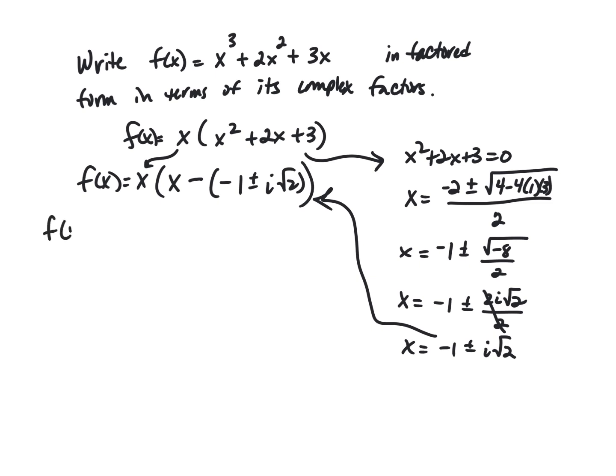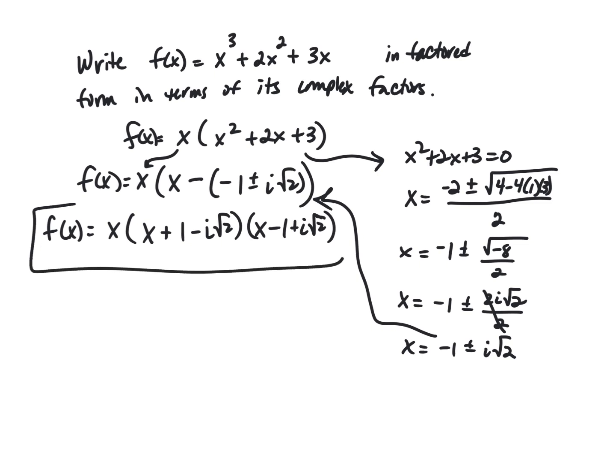Or I can simplify it a little bit further, and I end up with distributing this negative through x minus negative 1 plus or minus i root 2 is x plus 1 minus i root 2, and x minus 1 minus or plus i root 2. So this is my factored form using its complex factors.